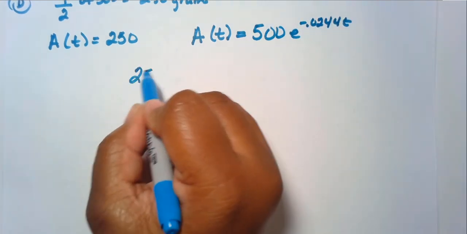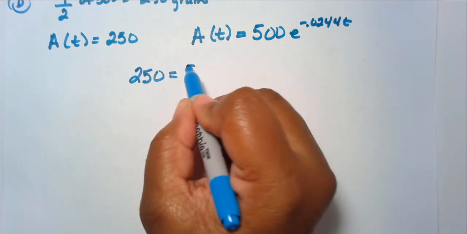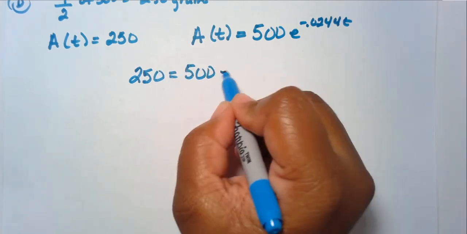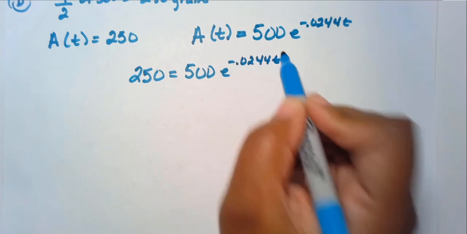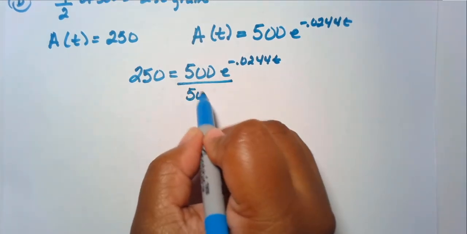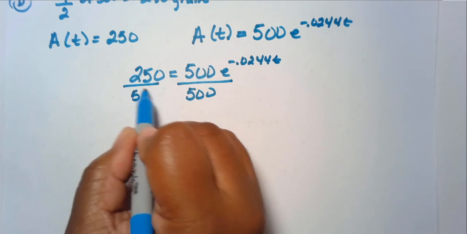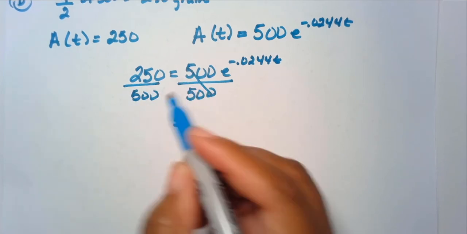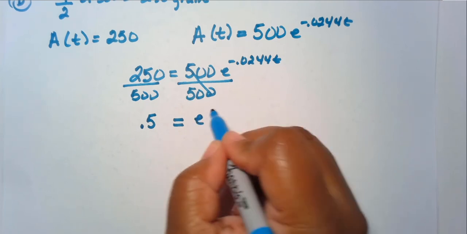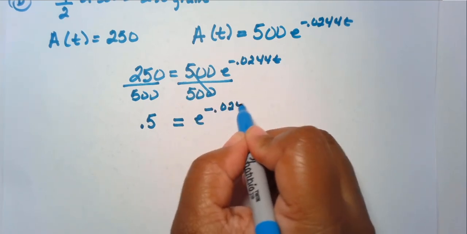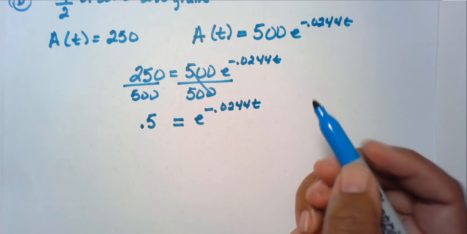We have 250 equals 500 times e to the negative 0.0244 t. We're going to divide by 500 on both sides, and we have 0.5 is equal to e to the negative 0.0244 t.